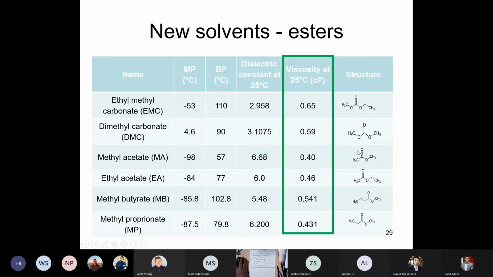If you look at the chemical structures of dimethyl carbonate and methyl acetate, they just differ by one oxygen atom. You can see this oxygen, it's just gone in methyl acetate. So the two chemicals are very similar, and you would expect the reactivity with lithiated graphite to be similar, and to first order it more or less is. So let's take a look at the benefits that things like acetates bring to the situation.